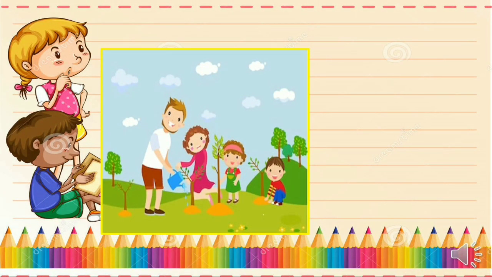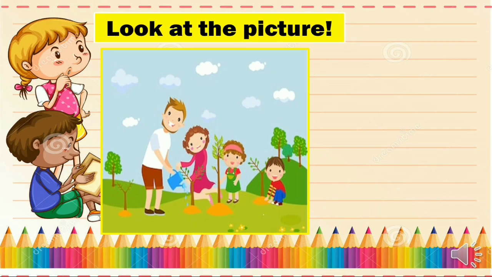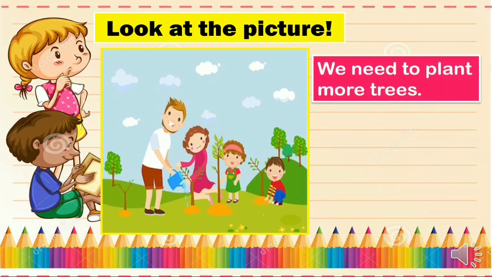Now let us have another picture. Again, based on the picture, can you think of a sentence that best describes it? Okay, we can say that we need to plant more trees.